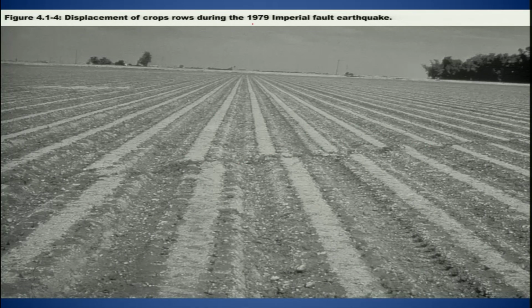And this is an example from the 1979 Imperial Fault earthquake, where the trace has been seen here, very much similar to what we were talking about for the examples or the evidence of 1995 earthquake surface rupture. Here also the agricultural field has been displaced along this line. Okay. So this is your fault line, and the displacement you can easily make out over here. Okay. So you have this one here, and this one is here.